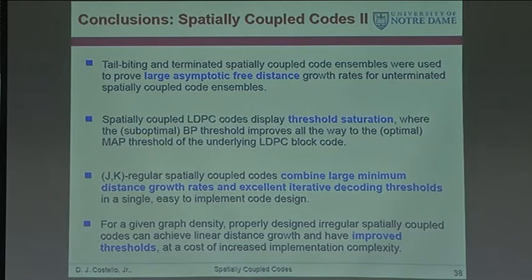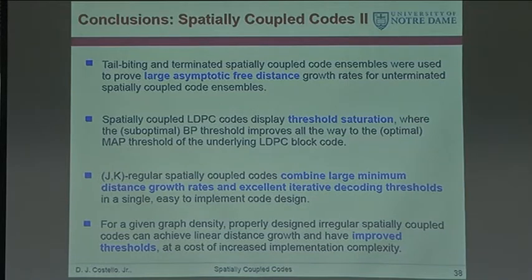And the implementation is still basically based on a regular structure, so it's a simple implementation relative to irregular designs. And for a given graph density, if you design irregular spatially coupled codes, a well-designed irregular one, maybe one that has linear distance growth, can still achieve linear distance growth and even more improved thresholds, but at some cost of additional implementation complexity because of the irregular design.